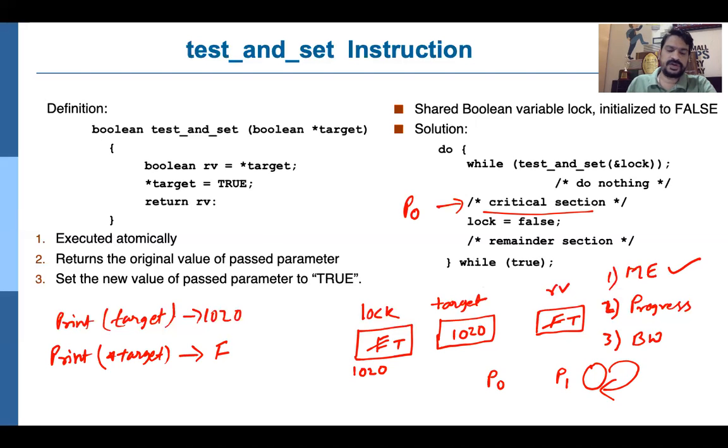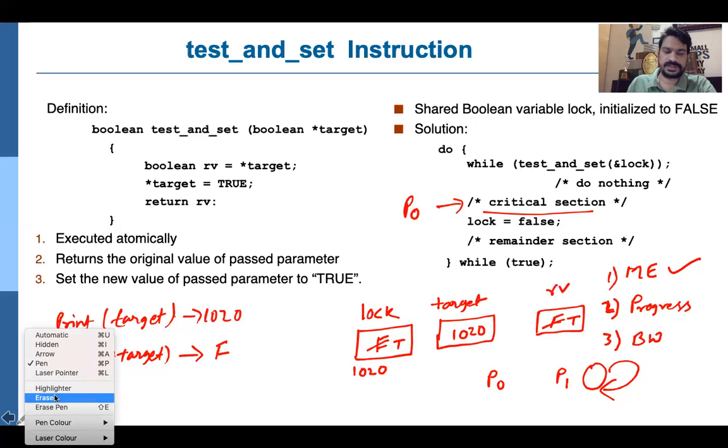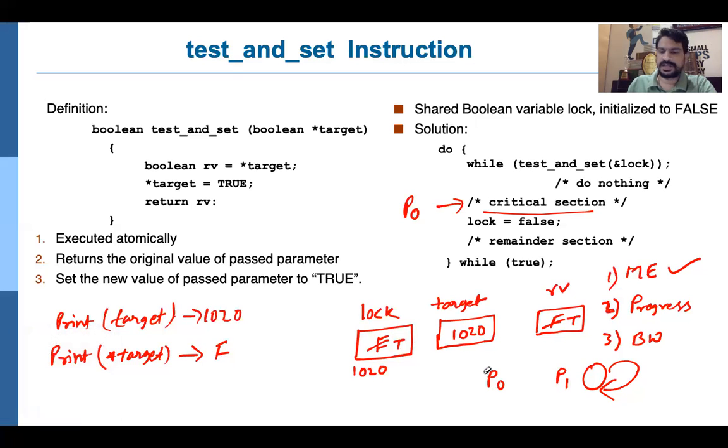Now let's go for another criterion. What is the other criterion? The other criterion is called progress. What does progress say?